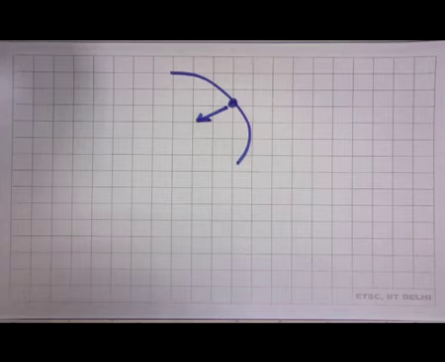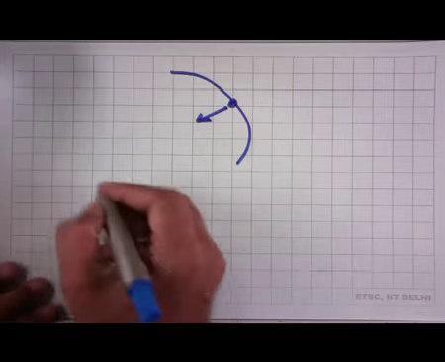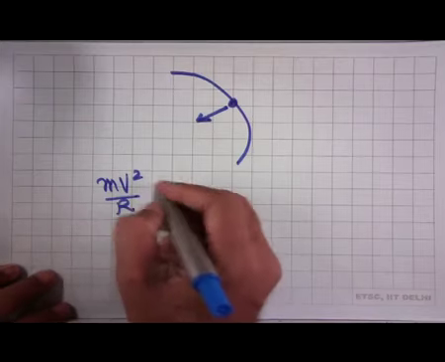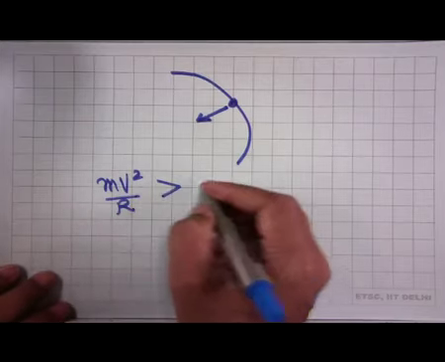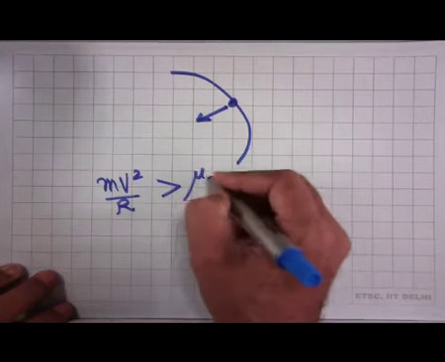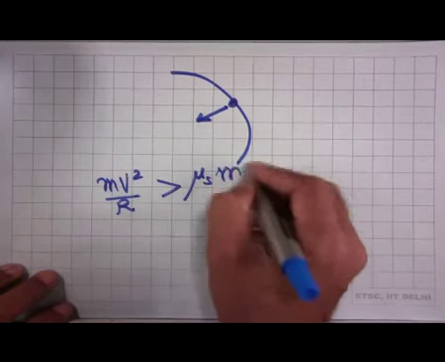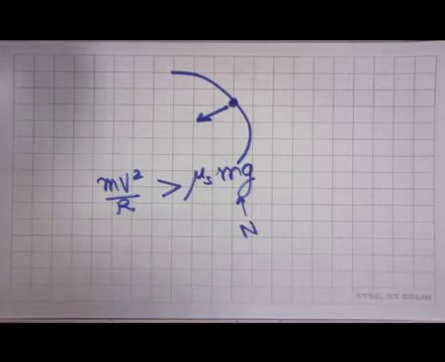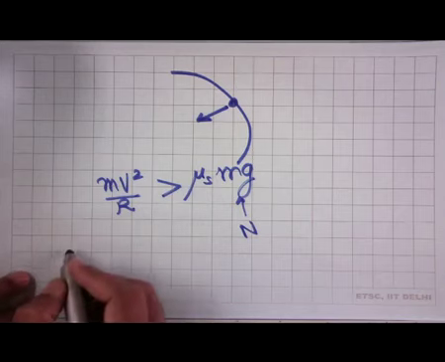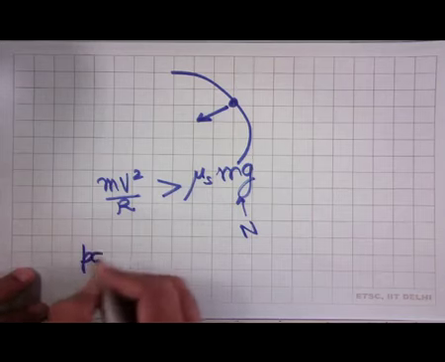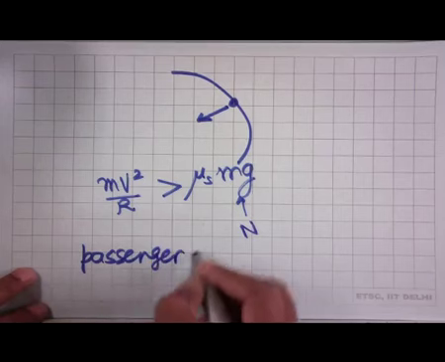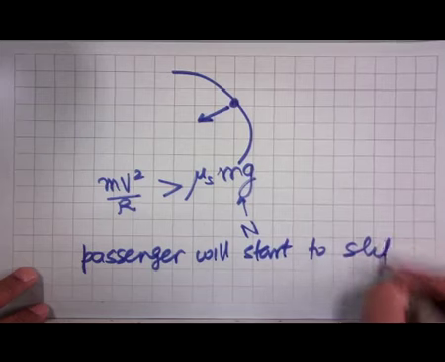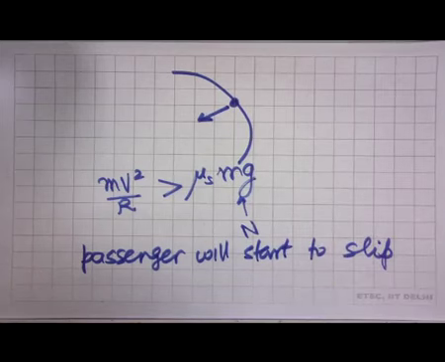Now, suppose mv square upon r is greater than mu s times mg, which of course we also know was the normal reaction, then what will happen? Then the passenger will start to slip. And what do we mean by slip?